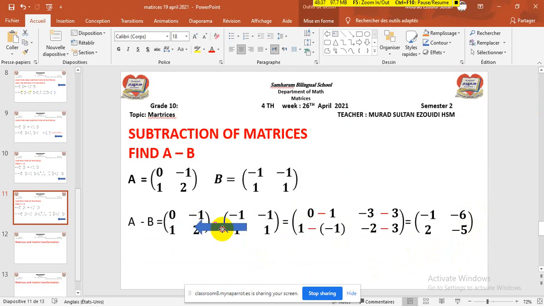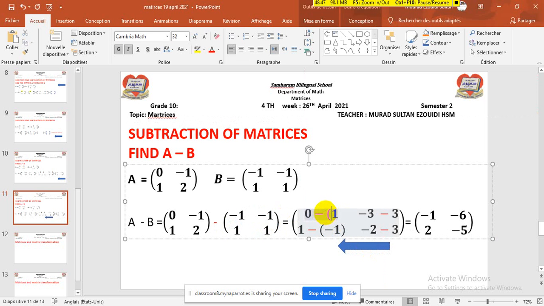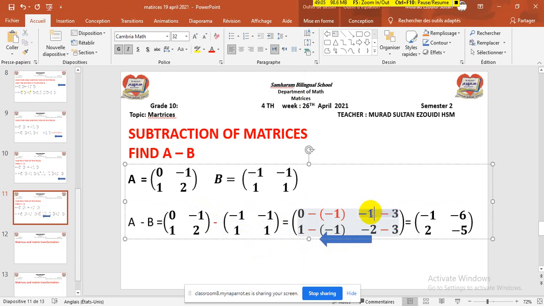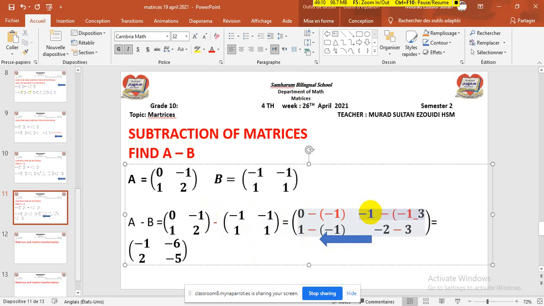We have 0 minus 1. Minus is positive. I will make here minus 1, between parentheses, minus 1. Then the second one we have minus 1 minus 1.